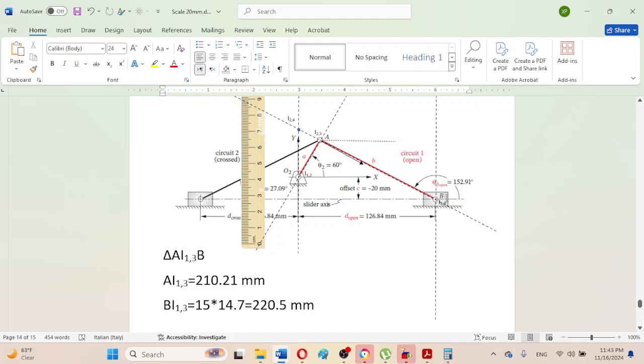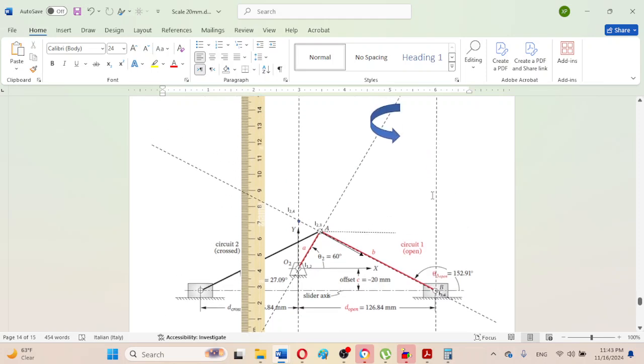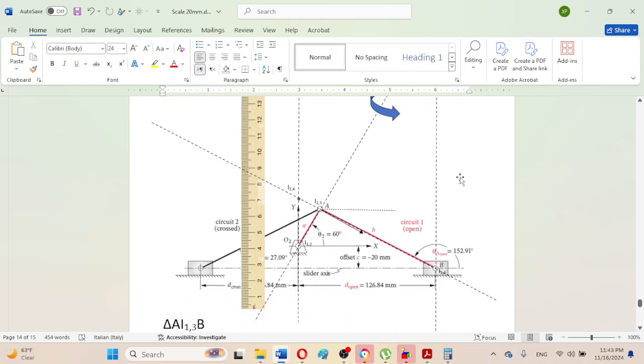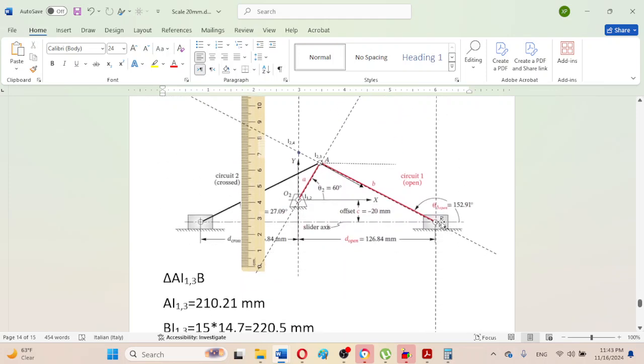Once the absolute velocity for this point B has been calculated using this instant center I1,3, then this point will be shifted onto the slider because that is the common point, and that will give the velocity of the slider.